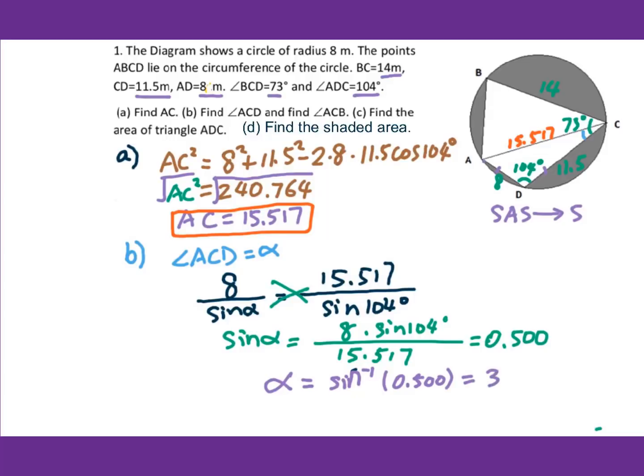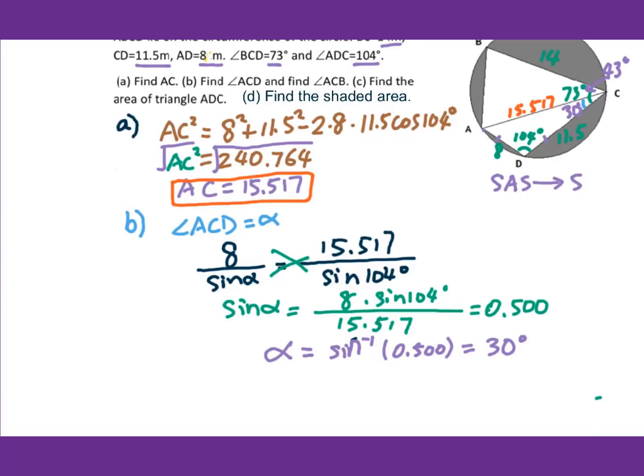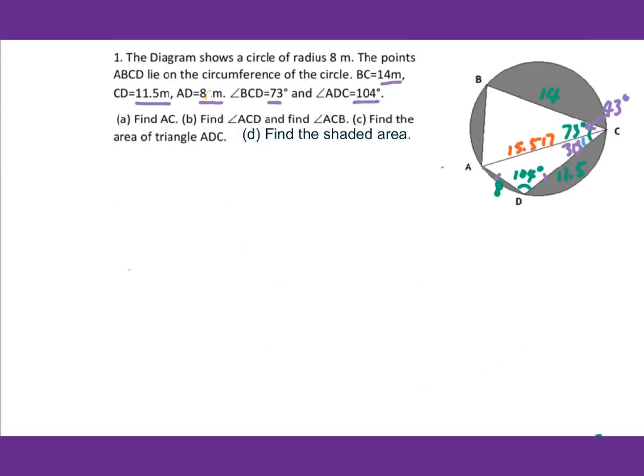That's 30 degrees. So we label here it's 30 degrees. And we know this will be 43 degrees. Therefore, angle ACB equals 73 degrees minus 30 degrees. We got 43 degrees.